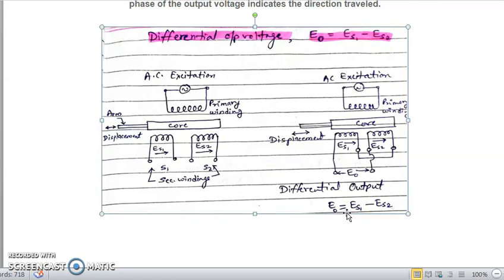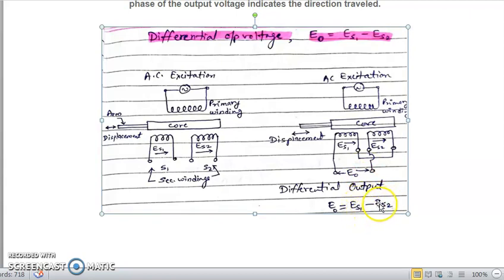That's why it is known as a differential transformer, because its two output windings are not connected in simple series connection. They are not providing the voltage sum. They are connected in series opposition. It means that the other voltage is actually 180 degrees out of phase with the first one.